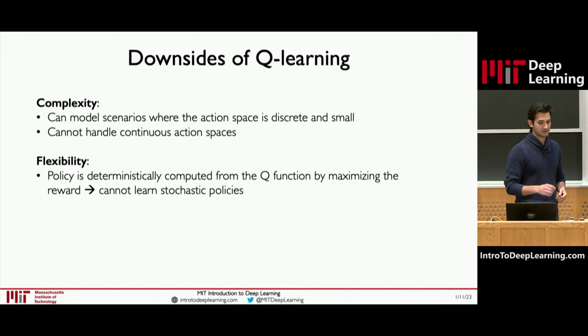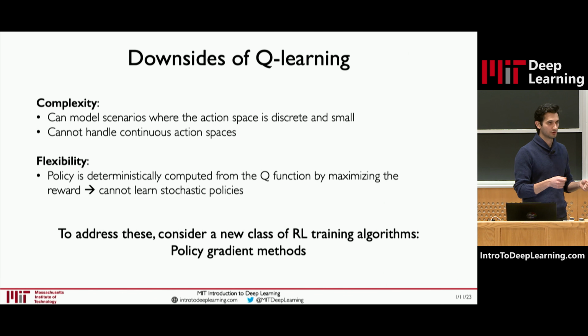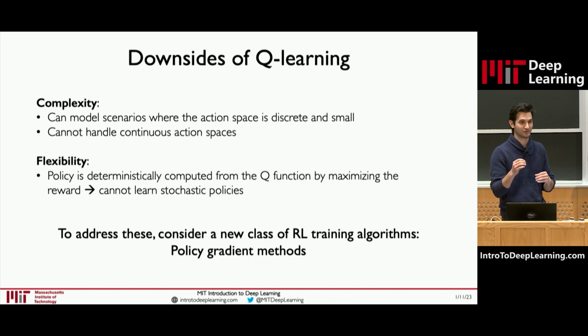And the second component here is that the policy that we're learning, the Q function is giving rise to that policy, which is the thing that we're actually using to determine what action to take given any state. That policy is determined by deterministically optimizing that Q function. We simply look at the results of the Q function and we pick the action that has the highest Q value.